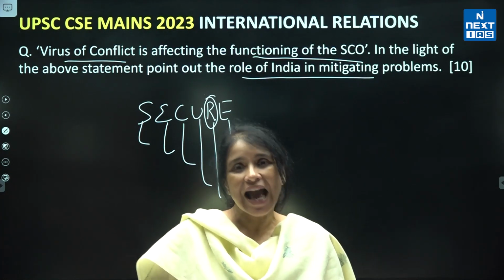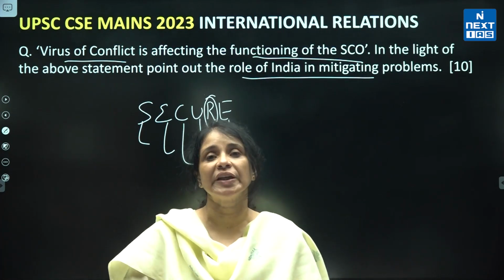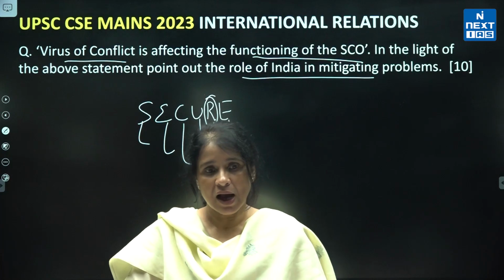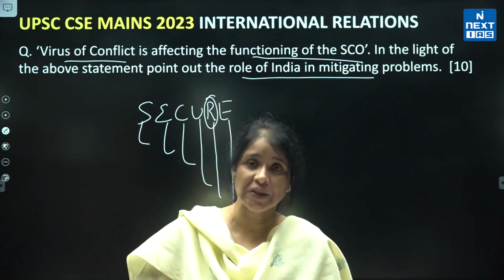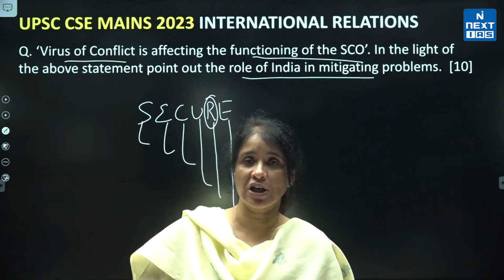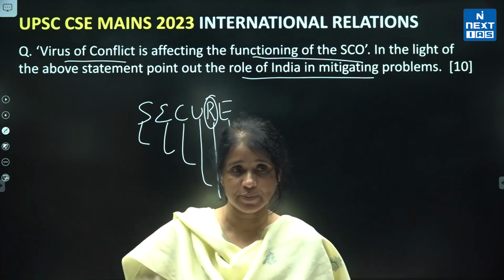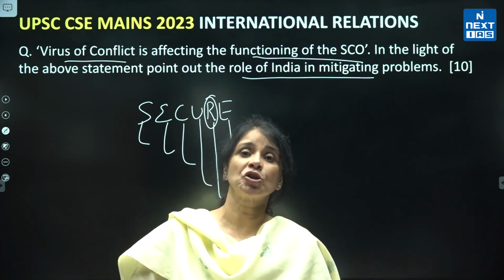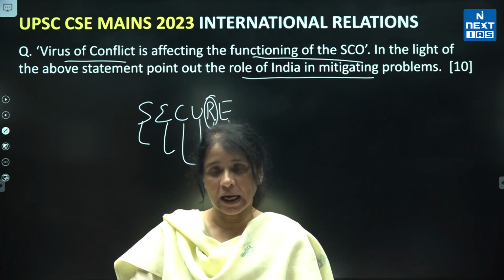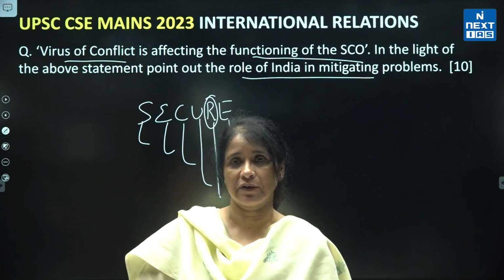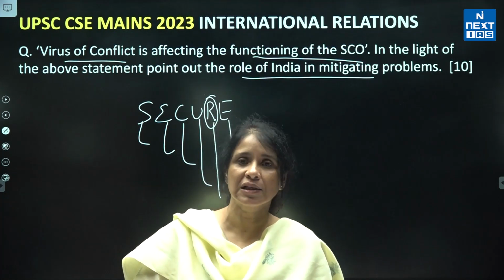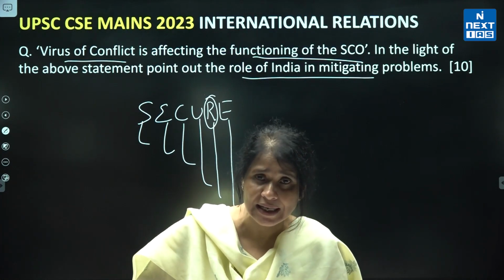So India can use its experience here also. India can act as a mediator to help the Central Asian countries resolve their boundary disputes. And India is also trying this with China. We are negotiating it, trying to build consensus on resolving the issue at the LAC also.